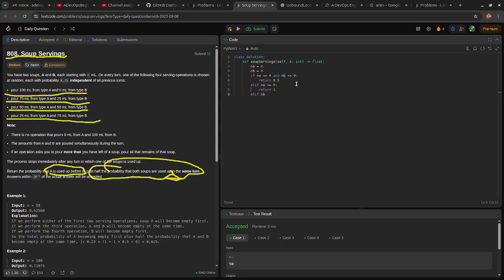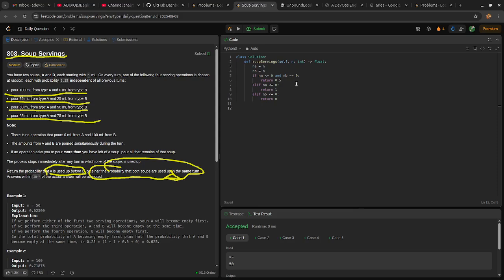Or if B is used up, then we don't care about this case. So otherwise, we have to.